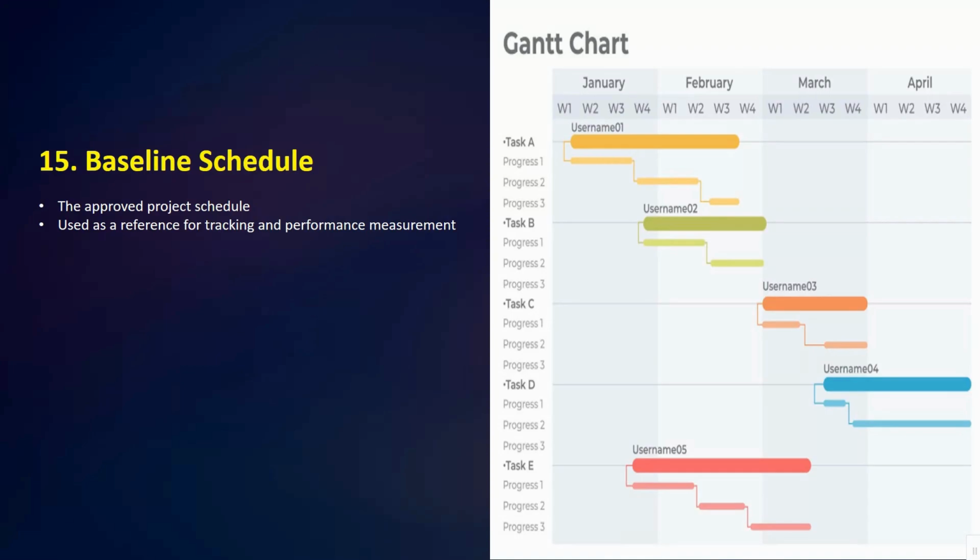So during execution, actual performance is always compared against the baseline to monitor delays, cost overruns, or productivity issues.